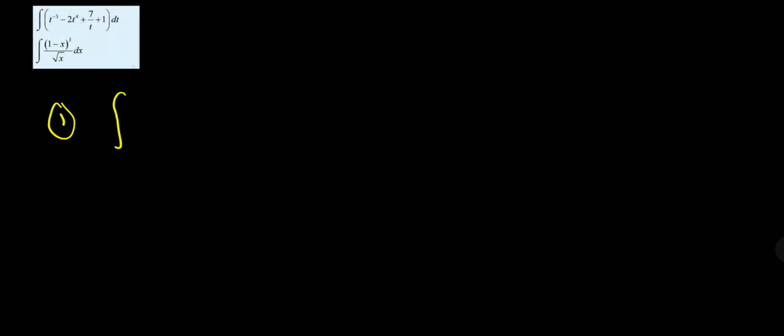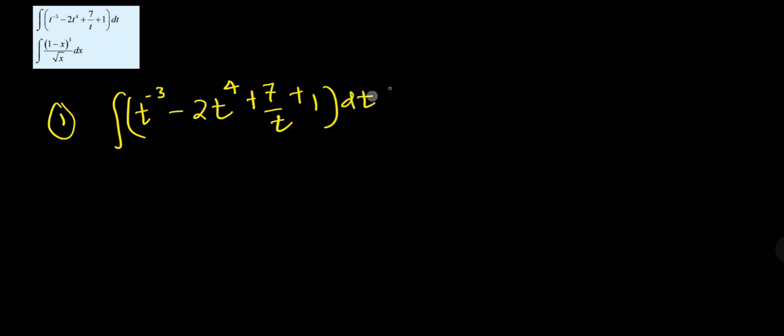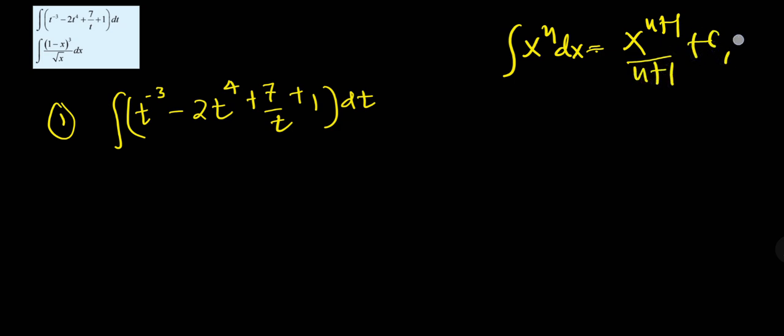It says integrate t power negative 3 minus 2t power 4 plus 7 over t plus 1 dt. As I explained in my first introduction video of integration, the general formula which we discussed was integral of x power n dx equals x power n plus 1 over n plus 1 plus c, and n must not be equal to -1.